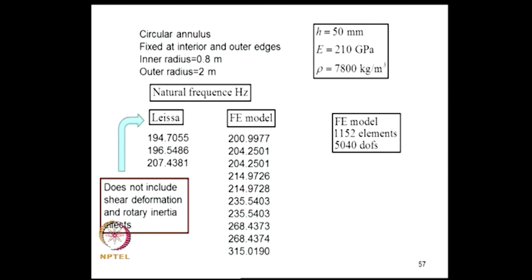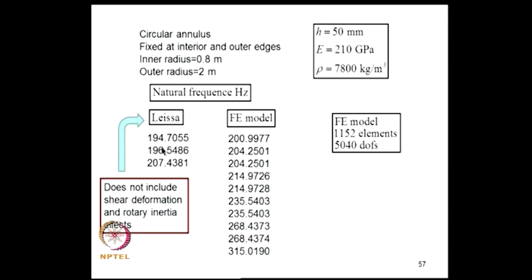Now, another problem that is available in Leissa's book is that of a circular annulus fixed at interior and outer edges, with inner radius of 0.8 meters and outer radius of 2 meters. This is a numerical example that we have considered. The results are available for this case, and we have done an FE analysis of this.